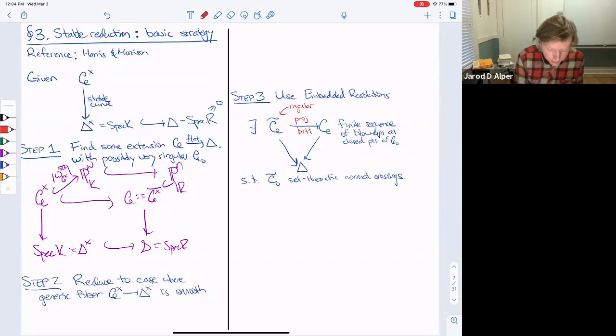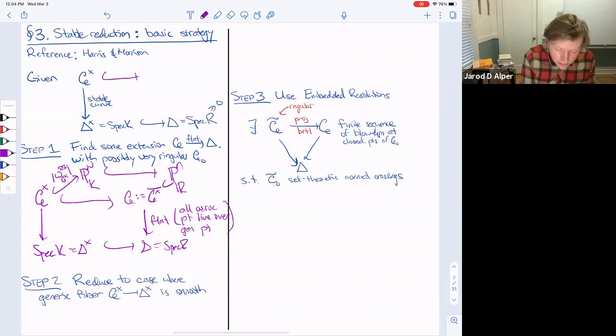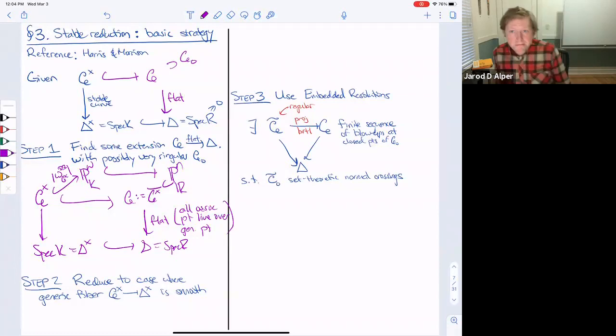So this map here is flat, and it's flat because all associated points live over the generic fiber, over the generic point. And you use a flatness criterion over smooth curves. Right, so this is great. This gives us some family, some C over delta, a flat family. But where the central fiber here, C0, is maybe very singular. Okay, so that's the first step.